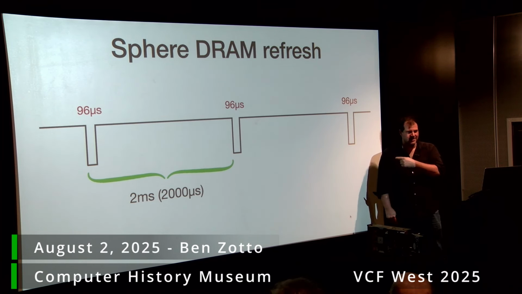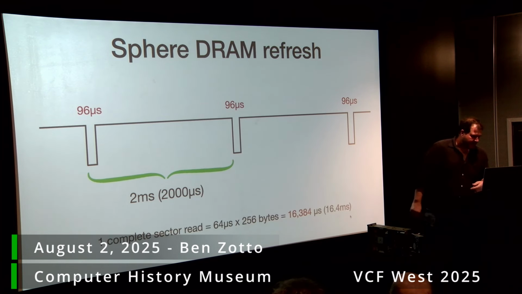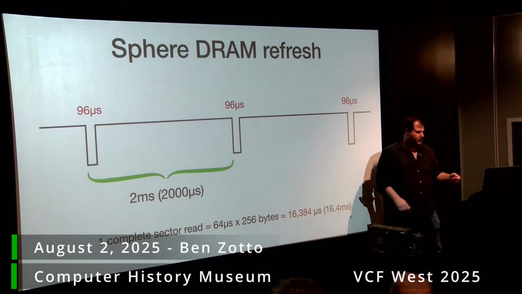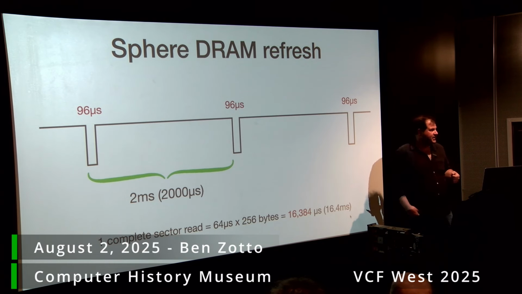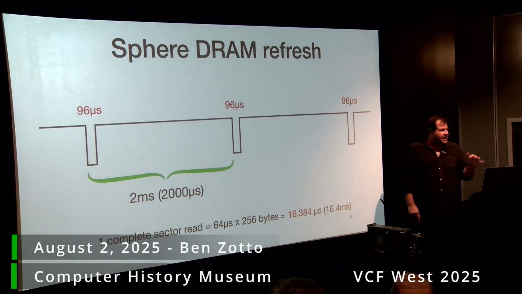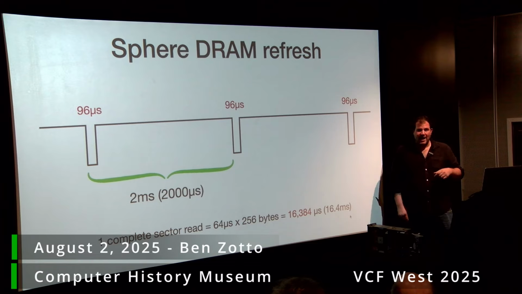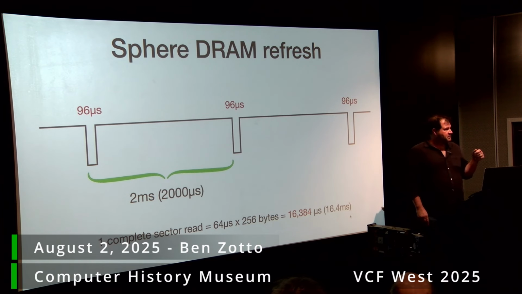Do you see what the problem is? A sector is 256 bytes. 256 bytes times 64 microseconds is 16,000 microseconds, or 16 milliseconds. And as you'll notice, 7 or 8 DRAM refreshes will happen during that time. You'll lose 7 or 8 bytes every time.